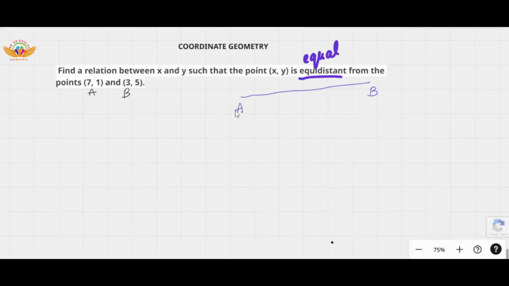They have given the A point and B point, and they are telling that this point x comma y is somewhere here and it is dividing both the parts equally. It means, if I take this point as O, then the AO distance is equal to this distance. That is what they are telling in the question. So let us solve it.